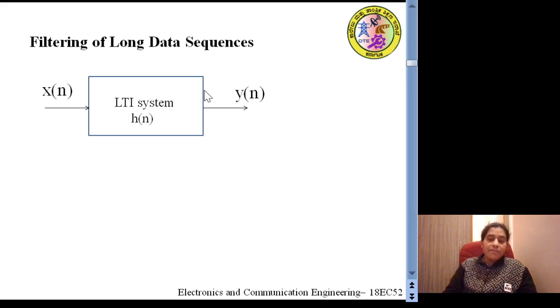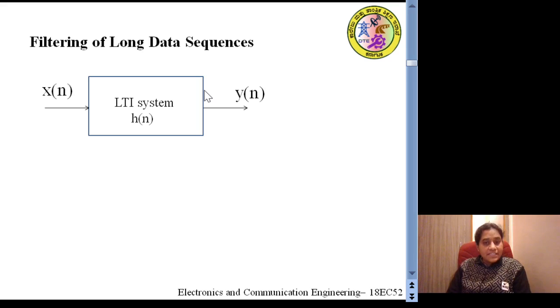Time invariant means that irrespective of the time, whatever input you are giving, the system acts the same at all instants of time. How can we say the system is linear? If our system obeys the superposition theorem, then we consider that system a linear time invariant system.